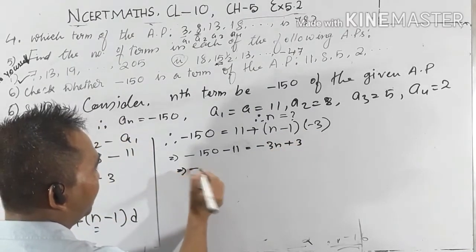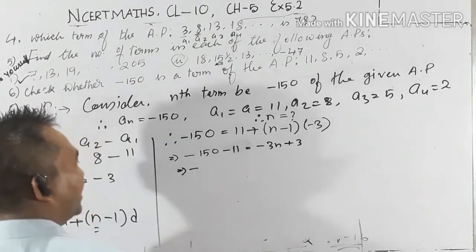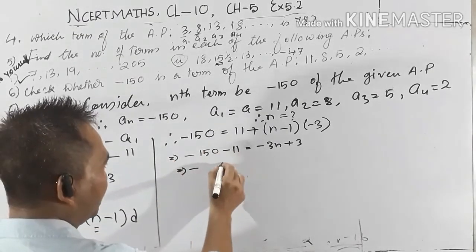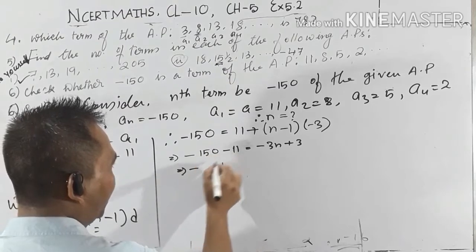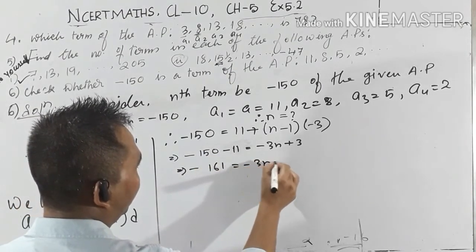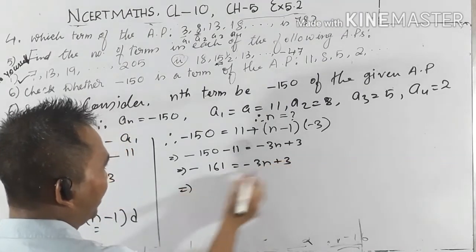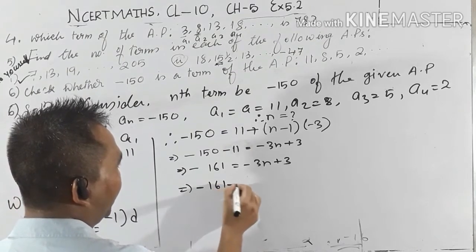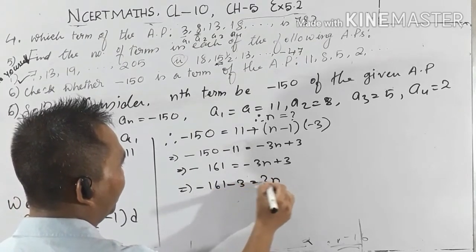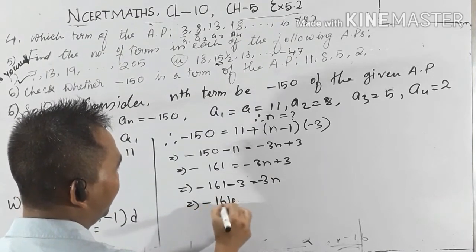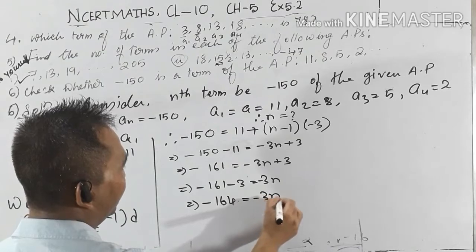Then minus 150 minus 11 is minus 161, equals minus 3n plus 3. Again, transpose this 3: minus 161 minus 3 equals minus 3n. So minus 164 equals minus 3n.